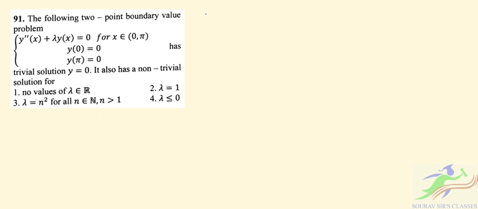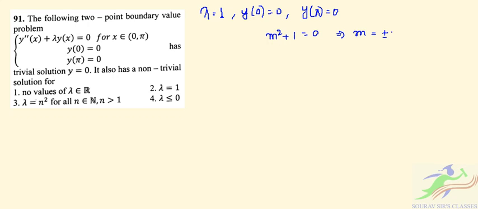Now let us directly go to the problem. Suppose lambda is equal to 1, and we have y(0) equal to 0 and y(pi) equal to 0. Then the auxiliary equation is m square plus 1 equal to 0, which implies that m is equal to plus minus i. So the solution is y(x) equals c1 cos x plus c2 sin x.